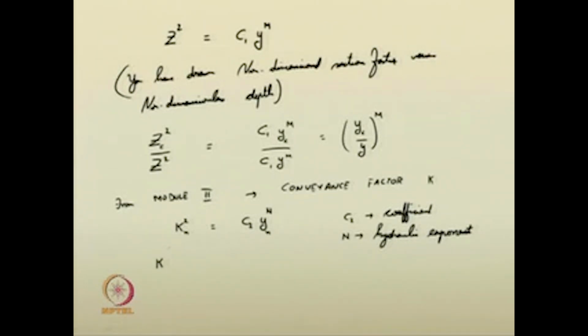For any flow, even if it is not a normal flow, you can write the conveyance factor as K squared equal to C2 y to the power of N. So, from these two relationships, the ratio (Kn by K) whole squared is nothing but (yn by y) to the power of N.